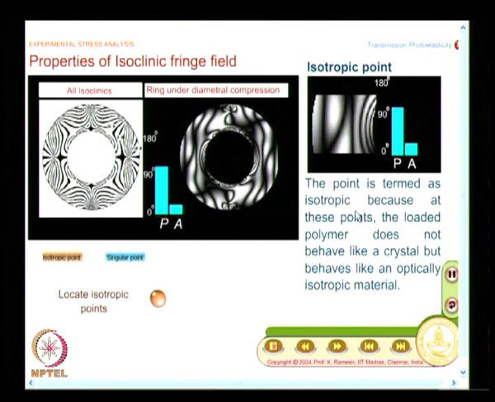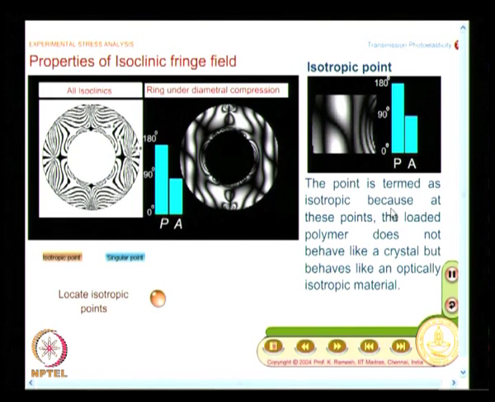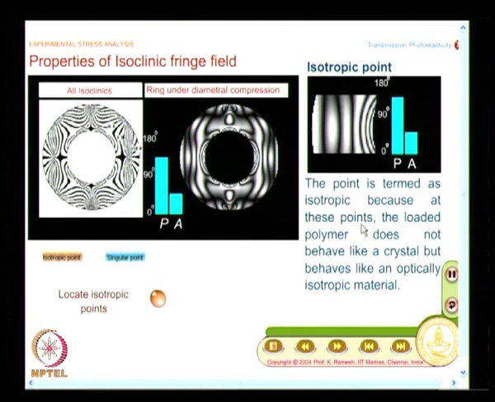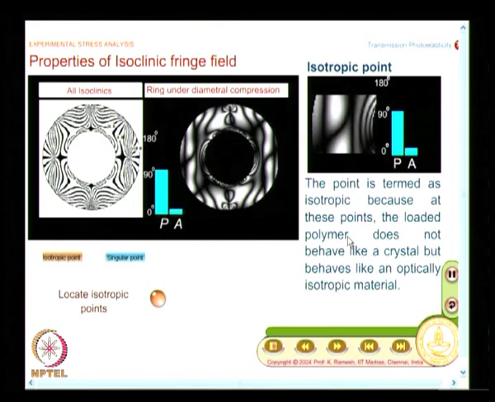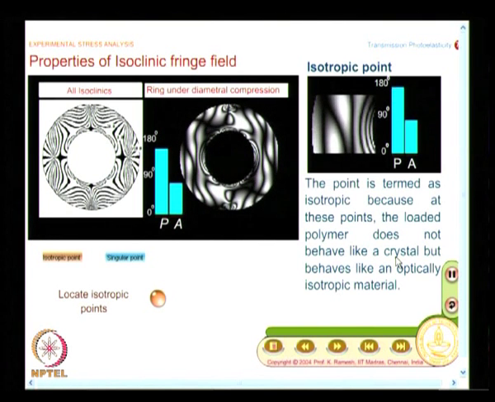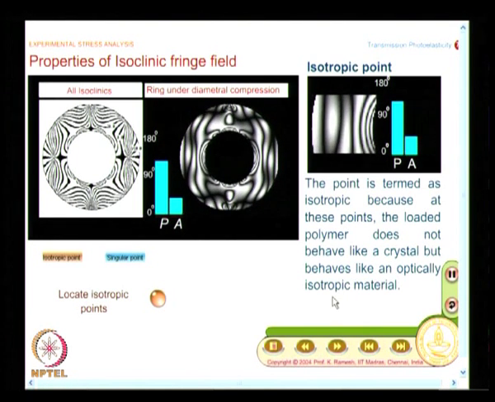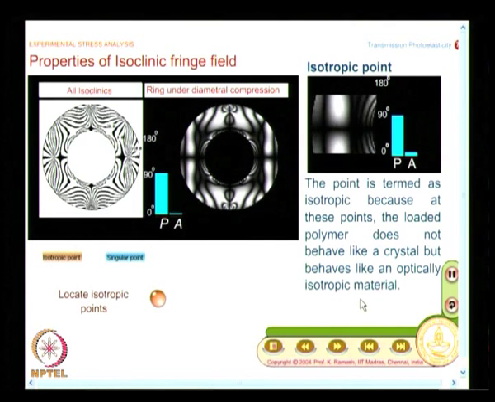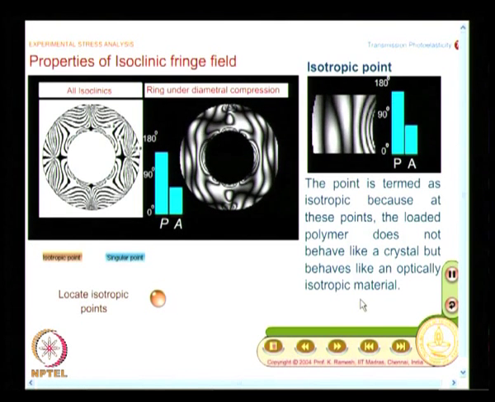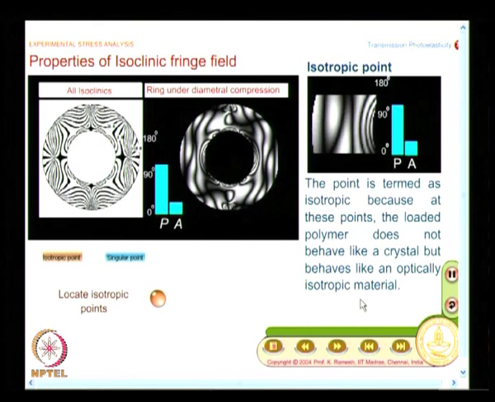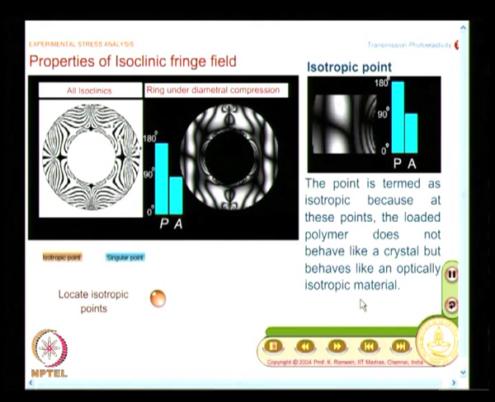It is termed isotropic because at these points the loaded polymer does not behave like a crystal, but behaves like an optically isotropic material. Every axis is a principal stress direction. Even when you do the principal stress direction evaluation, you can have a situation where every direction is a principal stress direction, and that is what is happening at an isotropic point.